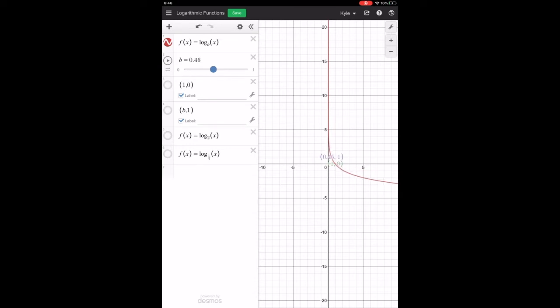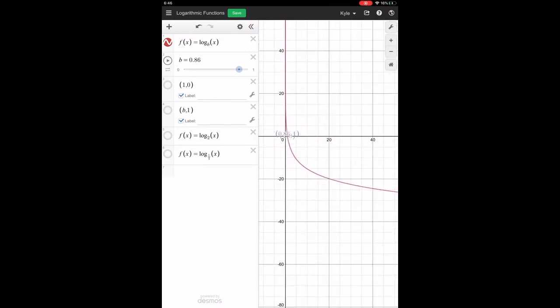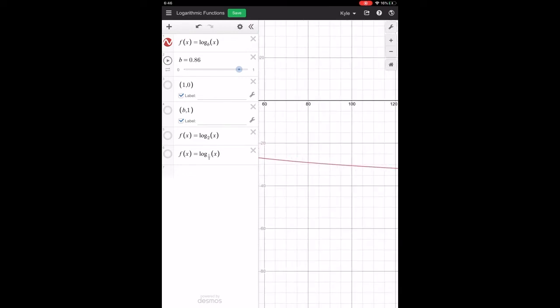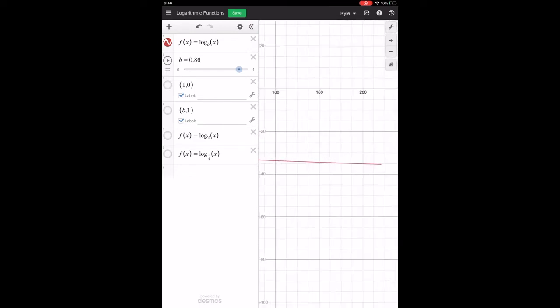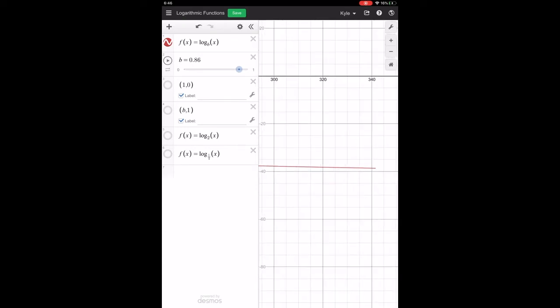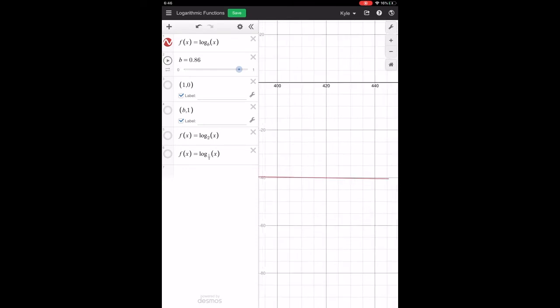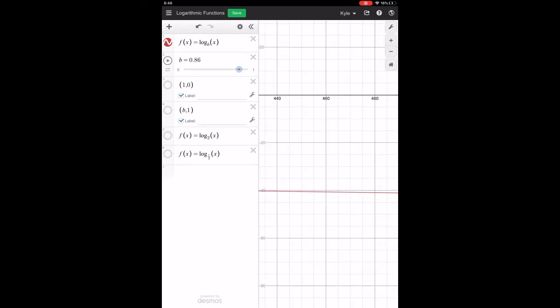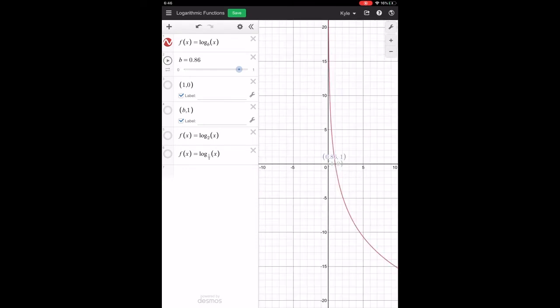If we even increased b to be something like 0.86, we're still decreasing. Maybe a little bit faster, but we're still decreasing as x increases. As we get bigger and bigger x values, the outputs keep getting smaller and smaller. So this is the form of exponential decay.